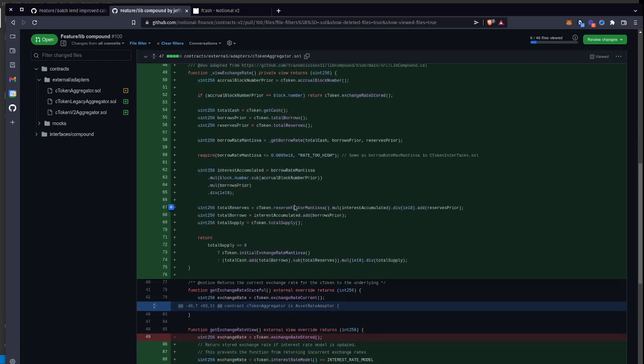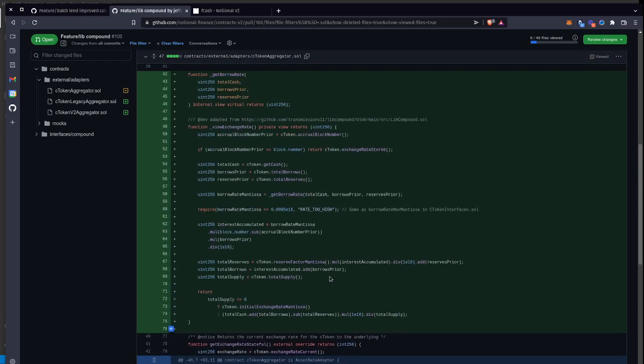You have to call a stateful method that updates the exchange rate and then stores it. This makes it really difficult for contracts that just want to call a view method to get that C token exchange rate to do the AMM calculations required.